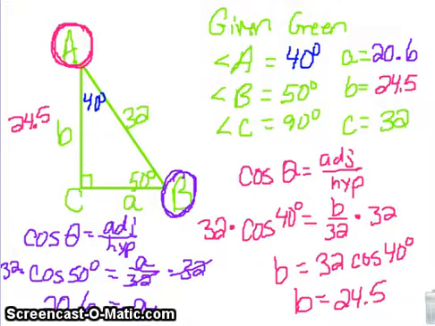The reason is because what did we do to the 24.5? Rounded it. Do we want to use a rounded answer in order to find another answer? No. You always want to try to use your given. If it's possible to find your answer with what you initially started with, you want to do that.